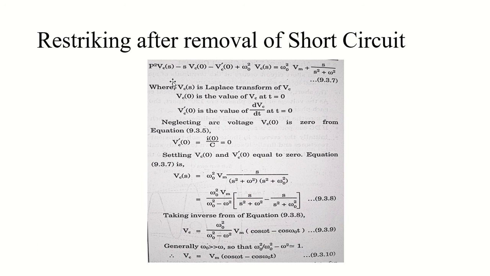And here you already know Vc of s is the Laplace transform of Vc, Vc 0 is the value of Vc at time equal to 0, and V dash c 0 is the value of dVc by dt at time equal to 0.